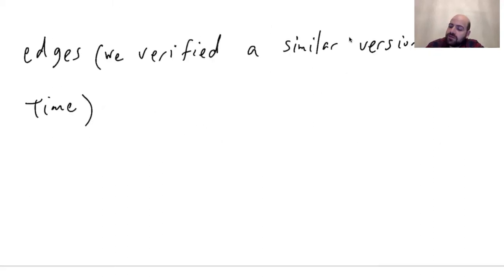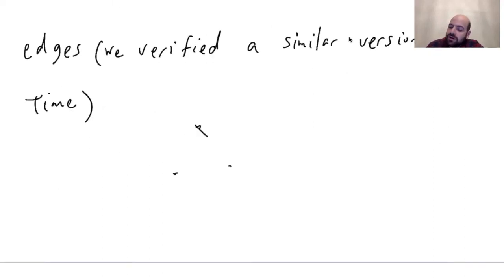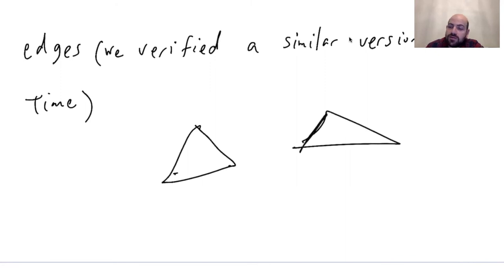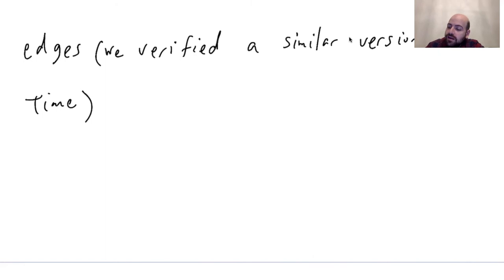So if I want to have disjoint edges, of course, one possibility is that I can have disjoint vertices, but another possibility is that I can have, let's say, one vertex in common, and I can still have disjoint edges.